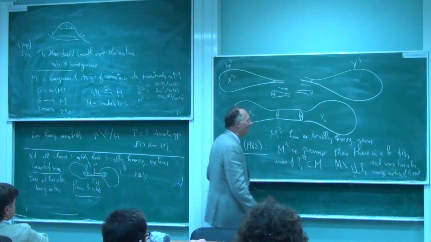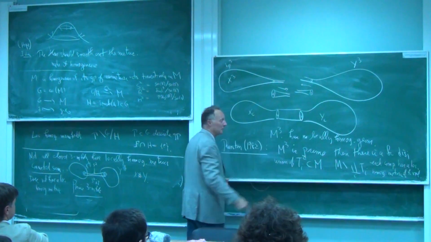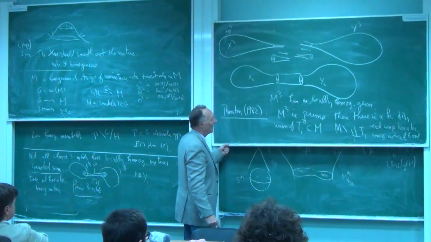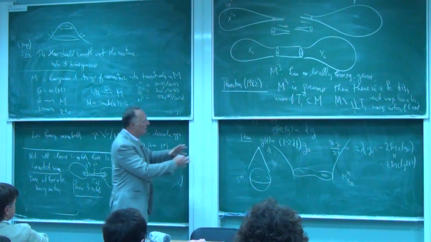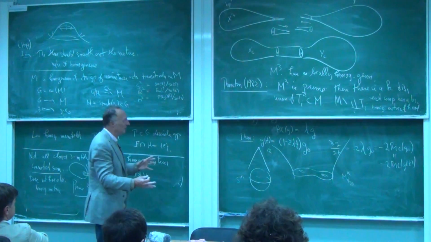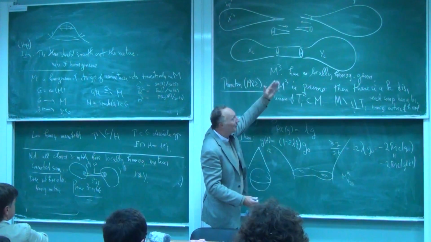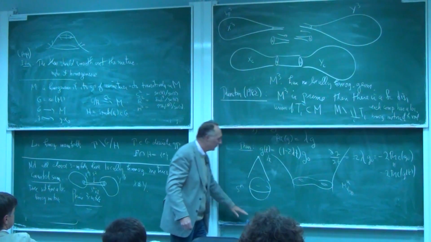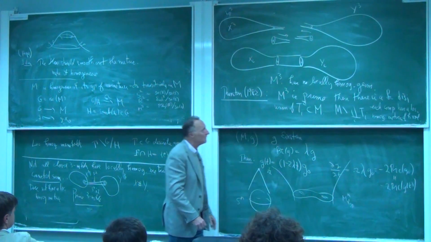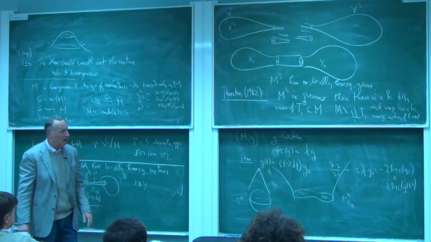Okay? So up to this operation, which you may have to do many times, you can always cut this prime manifold open into pieces, each piece of which looks like maybe a hyperbolic 3 manifold, or there are a few other cases in dimension 3 that I won't list. Okay, so that's the geometrization conjecture.